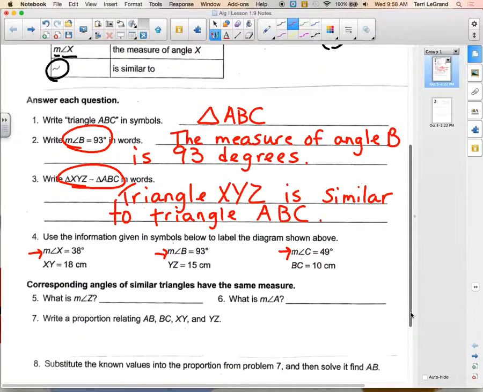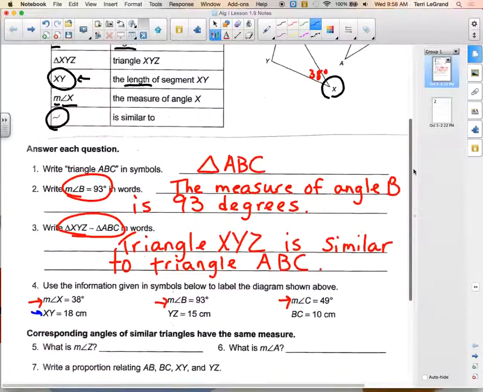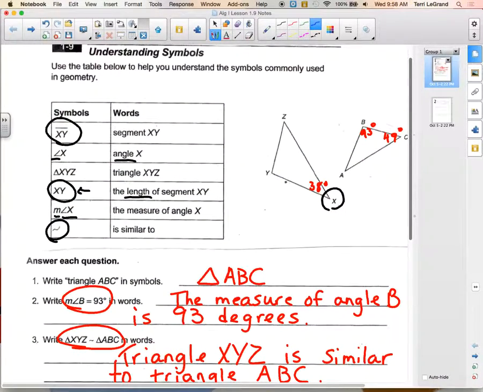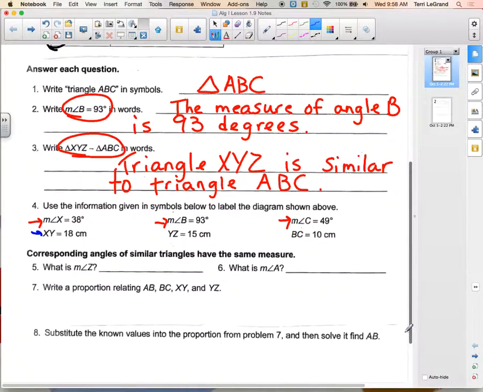Okay, what's this saying now? Tyler? The length of segment XY is 18 centimeters. So we're going to go up to XY and put in 18 centimeters between the two endpoints. Go ahead and do the other two now, because the other two are lengths also.